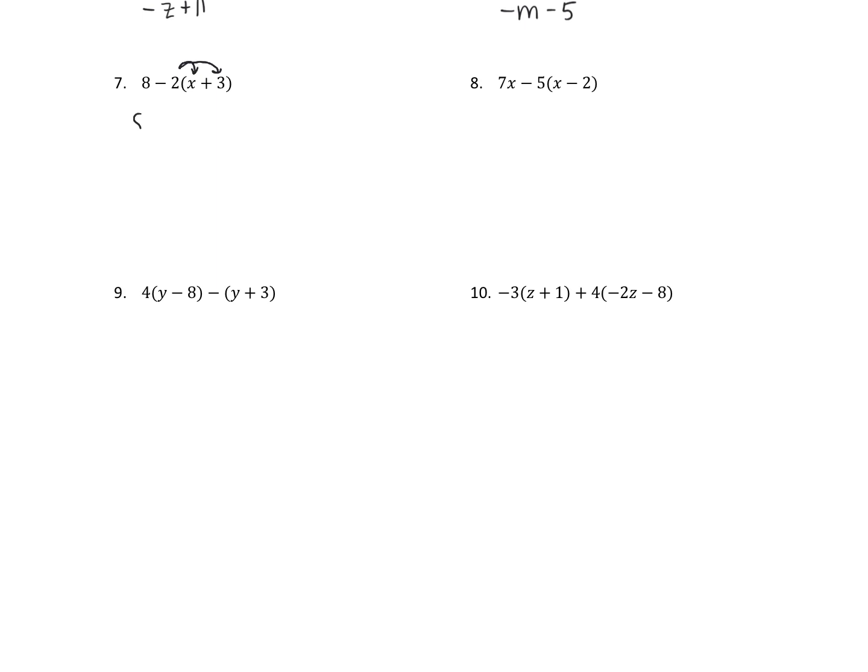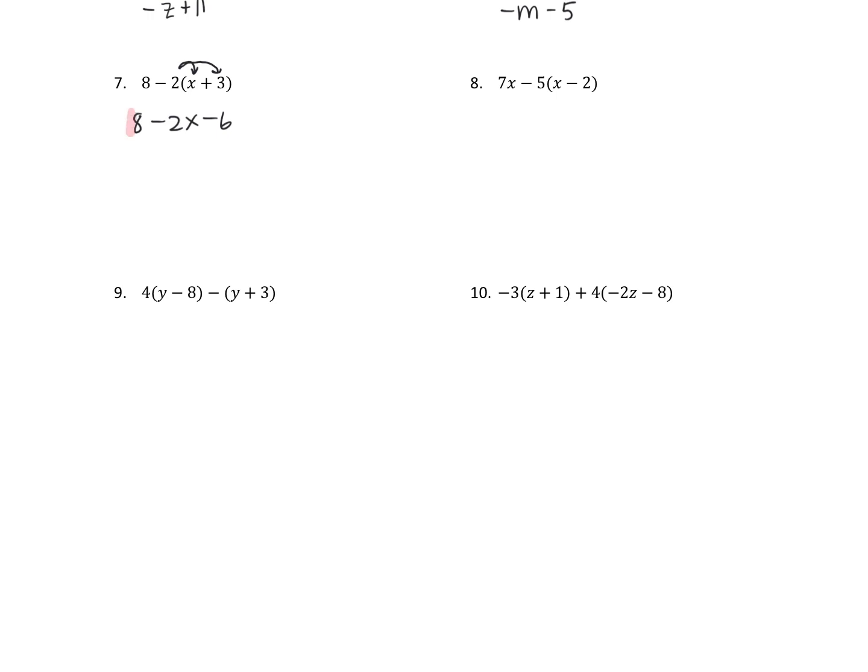Okay, so we'll bring down the 8. I'm distributing a negative 2. So negative 2 times x is a negative 2x. And then a negative 2 times 3 is a negative 6. Now that I've gotten rid of the parentheses by using the distributive property, I can look for like terms.